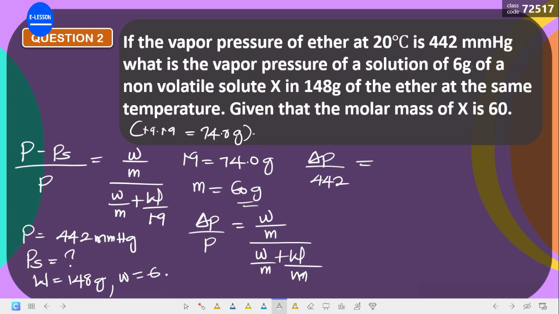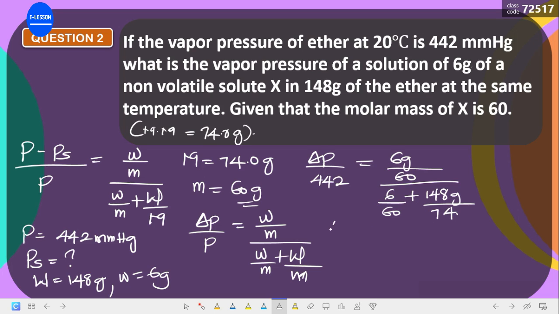So 6 gram was dissolved. So we have 6 gram divided by the molar mass of solute, given as 60, divided by 6 divided by 60 plus the mass of the solvent. Was it given? The mass of the solvent is 148 gram divided by the molar mass of the solvent, which is 74, which is what I gave to you.